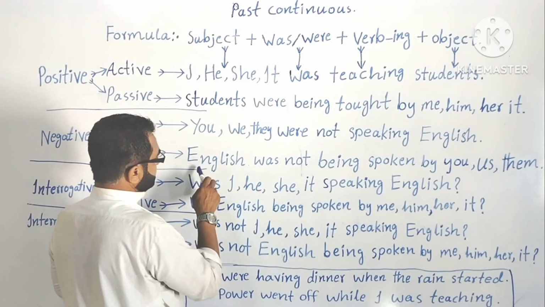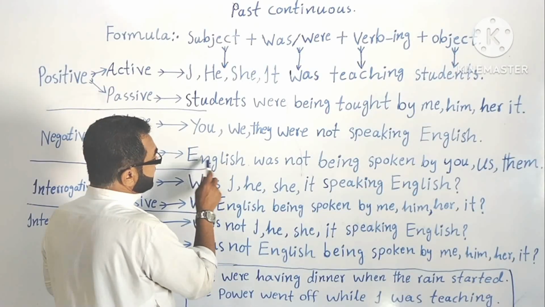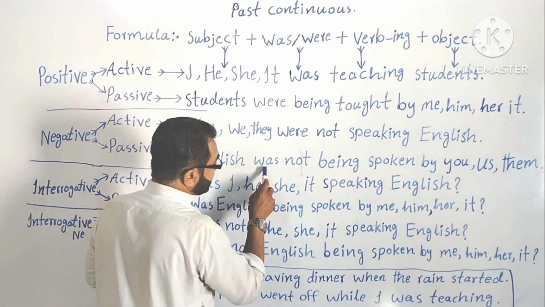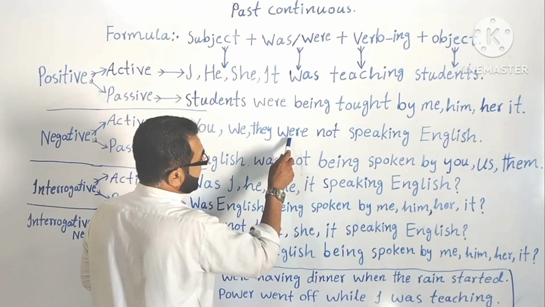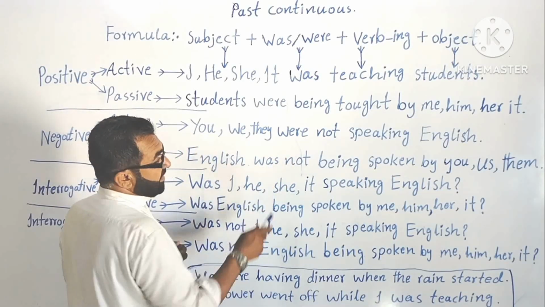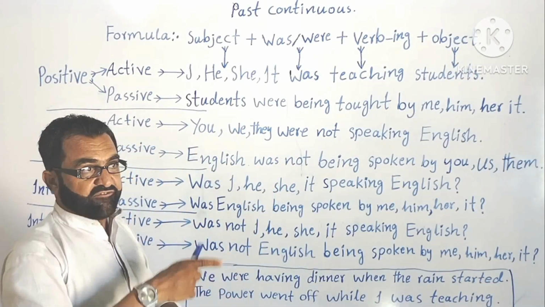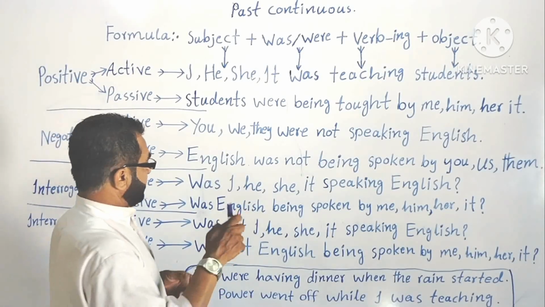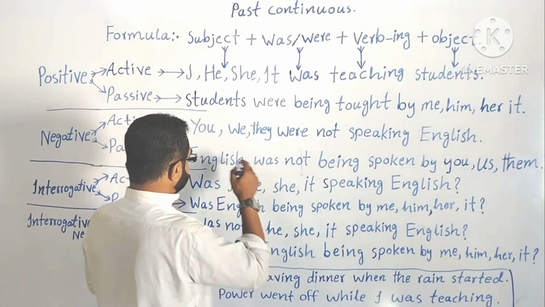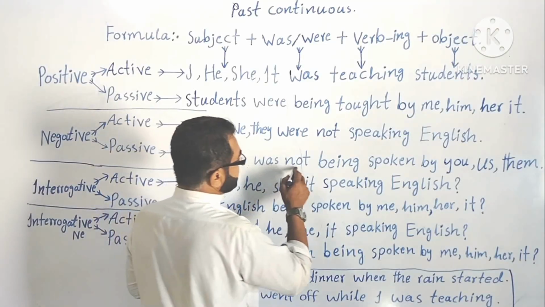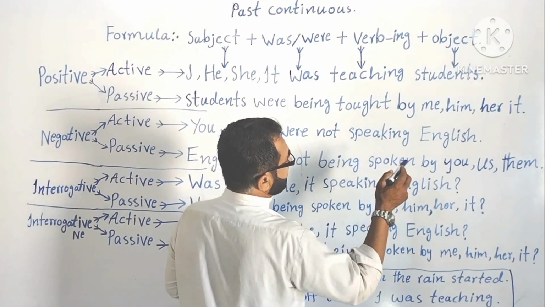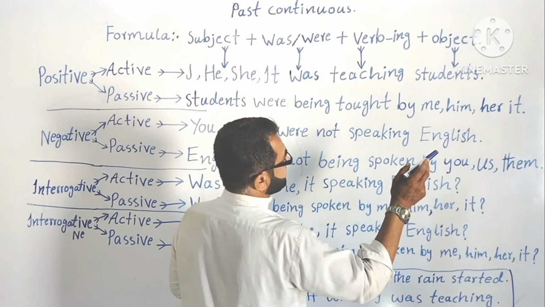You see? Now English is singular, the subject is singular, that's why it can take a singular verb, not one like this. As I said before, active voice is completely different from passive voice. Okay, mark my words. English was not being spoken by you, by us, by them.